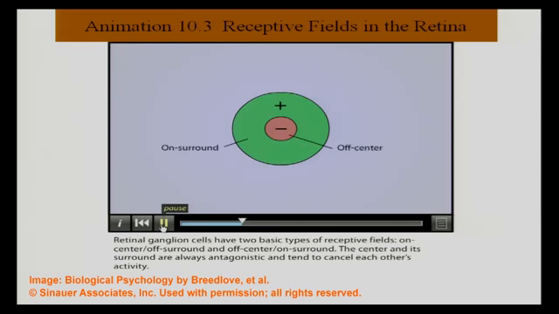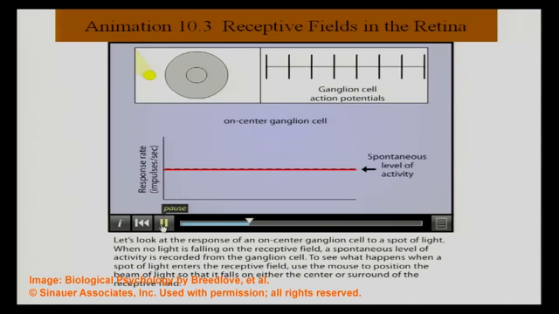The center and its surround are always antagonistic and tend to cancel each other's activity. Let's look at the response of an on-center ganglion cell to a spot of light. When no light is falling on the receptive field, a spontaneous level of activity is recorded from the ganglion cell. To see what happens when a spot of light enters the receptive field, use the mouse to position the beam of light so that it falls on either the center or surround of the receptive field.